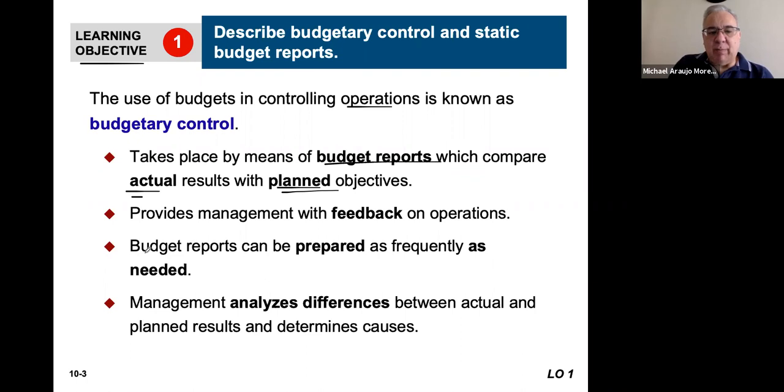Budget reports are prepared as frequently as needed. Overwhelmingly, you are going to be looking at these at least on a monthly basis. If you need to have it more frequently than that, that's fine. The goal of these reports, again, is what's the difference between the planned results and the actual results? That's very important.